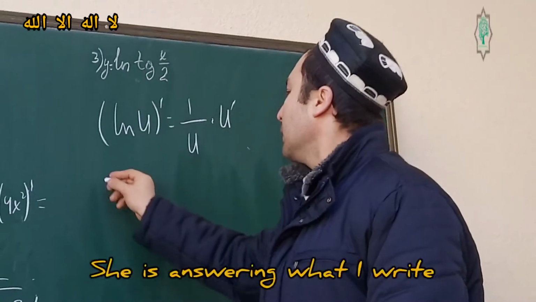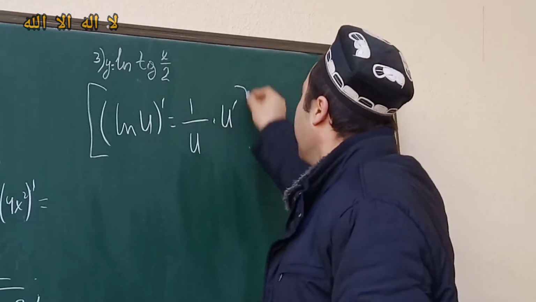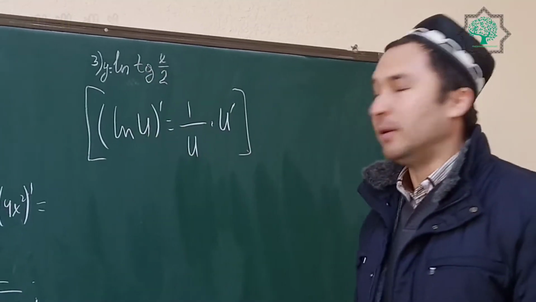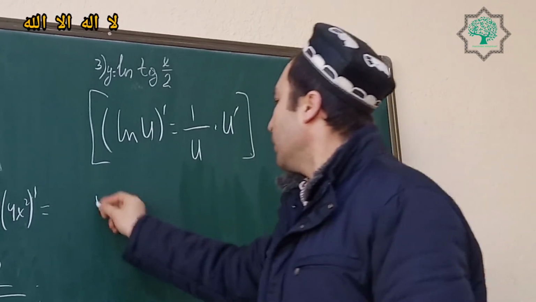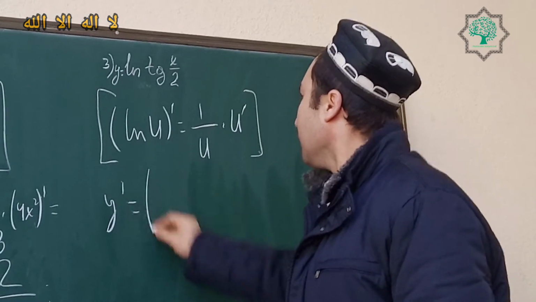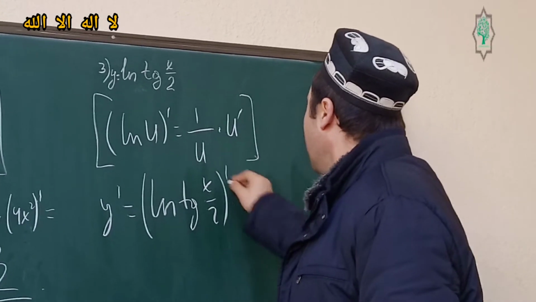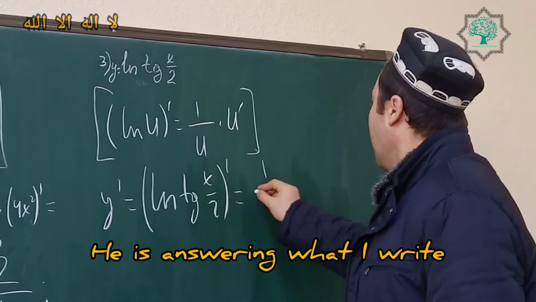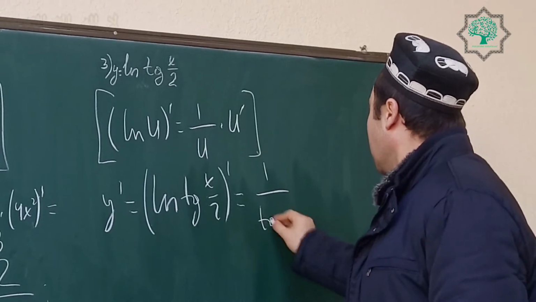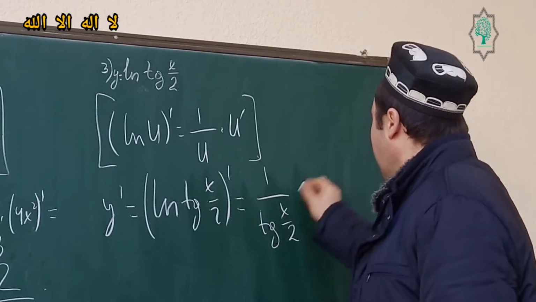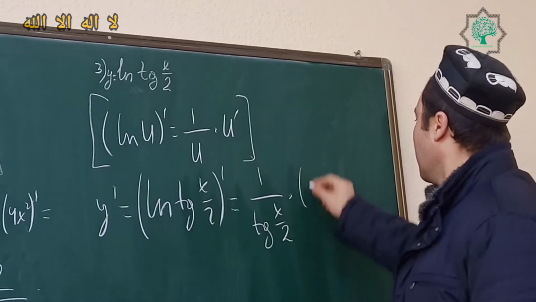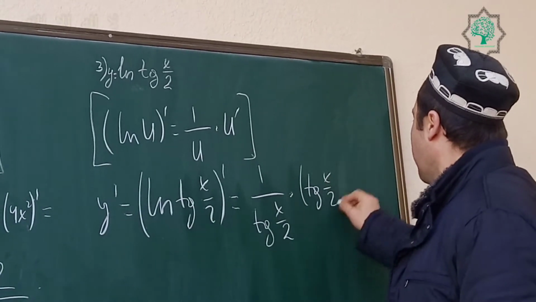We will use this formula in order to solve this example. Yes, great. So we have ln of tangent of x by 2, and we have 1 over tangent of x by 2 times the derivative.